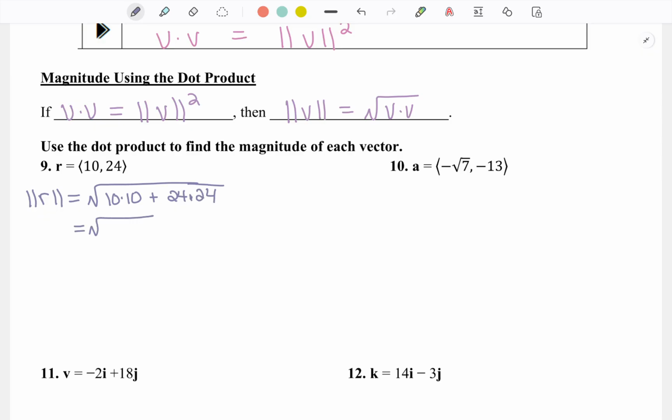So that is 100 plus 576, which is the square root of 676, which is 26. So that is a perfect square. So we are going to do the same thing with number 10 here.